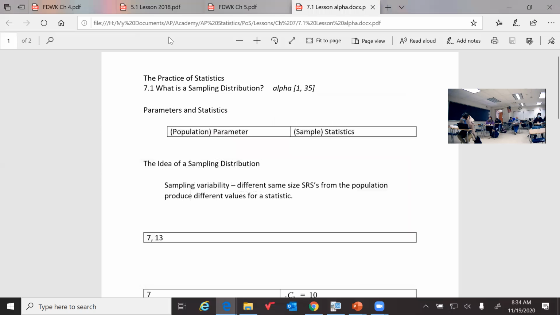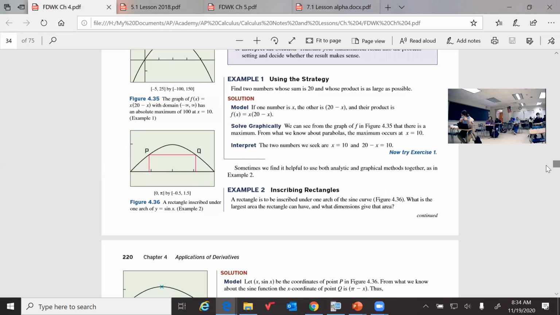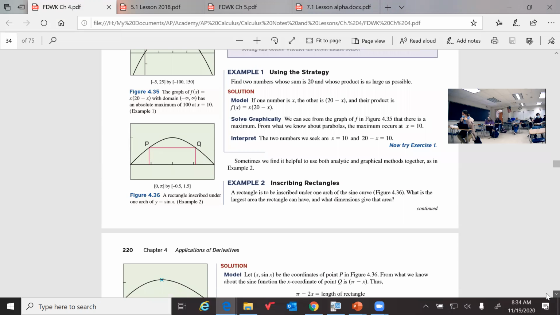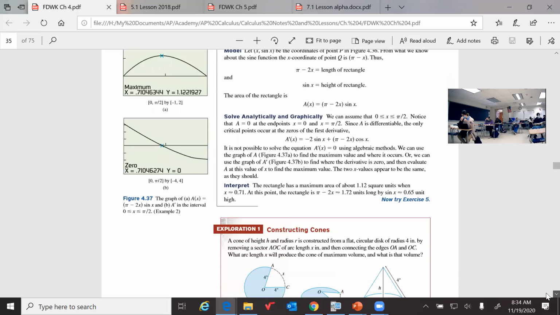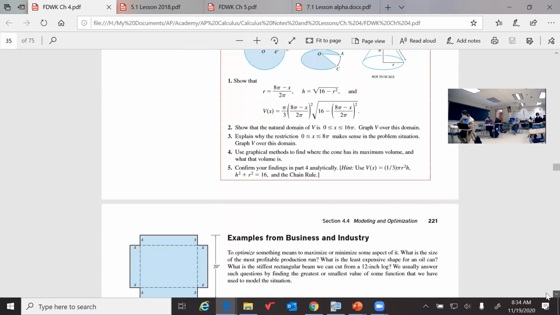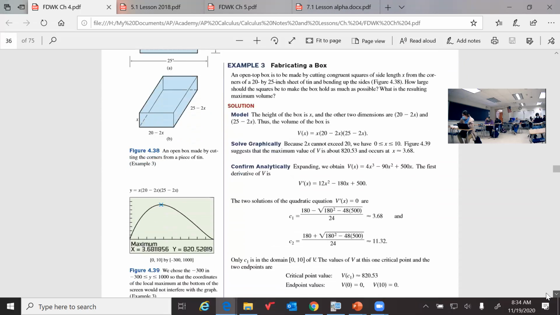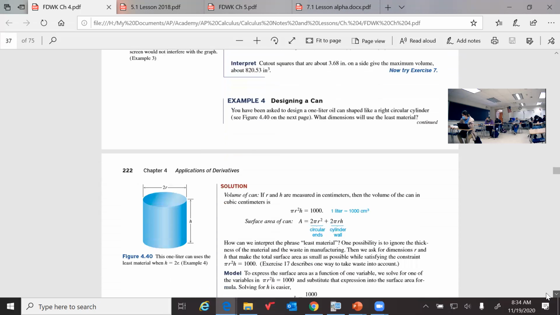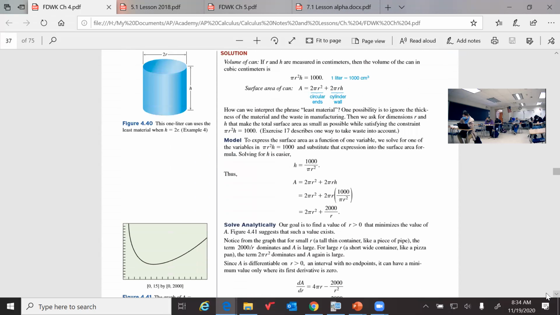Put it on my PDF. Ready? Here's their work.